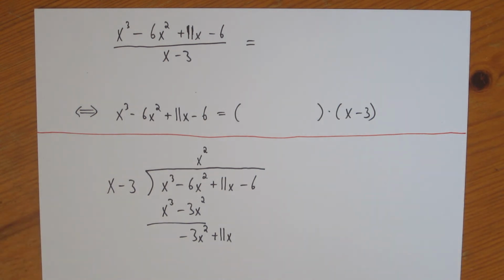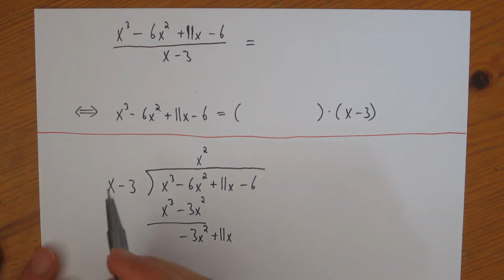So now we've done a cycle and everything will be the same way in this next cycle. But remember that you focus on the leading terms when you do long division with polynomials. So we ask the question, how many times does x go into minus 3x squared?